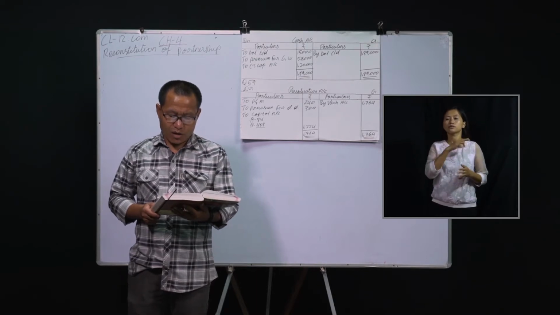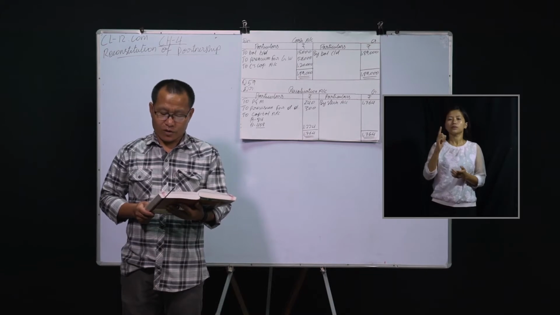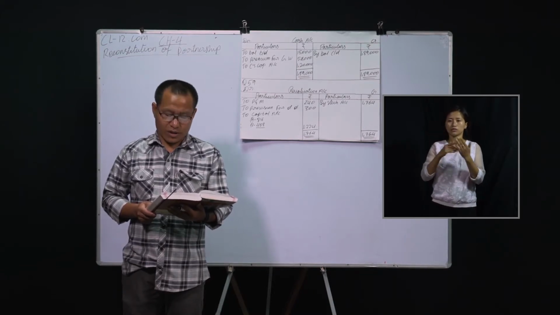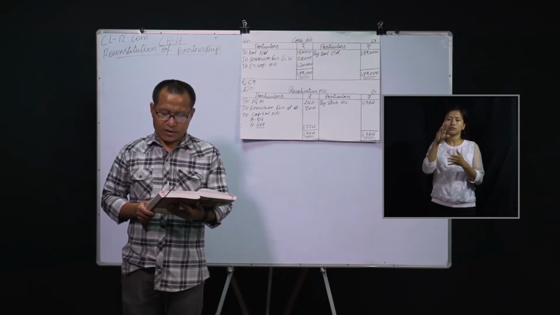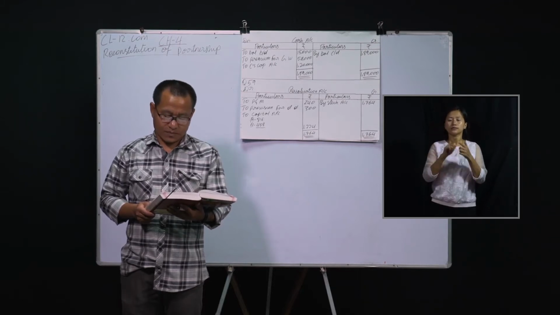Profit and losses are to be shared in the proportion of 1/2 to A, 1/4 to B, and 1/4 to C. Plant and machinery is to be reduced by 10% and rupees 300 is to be provided for estimated bad debts.